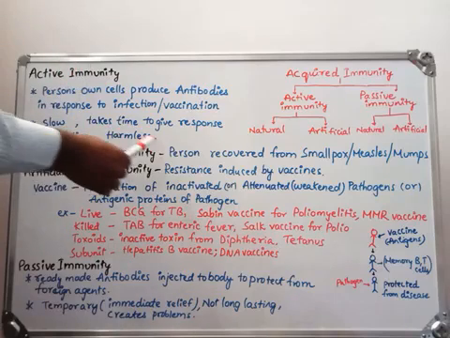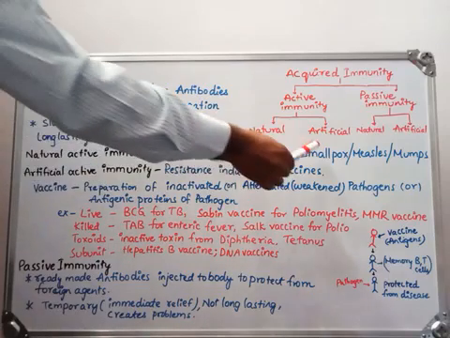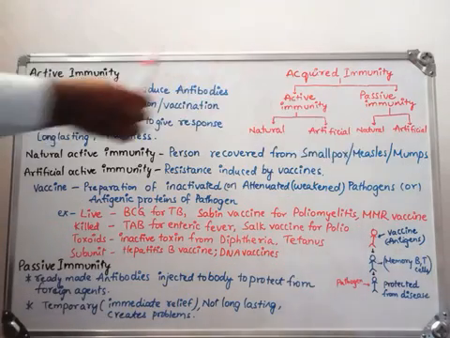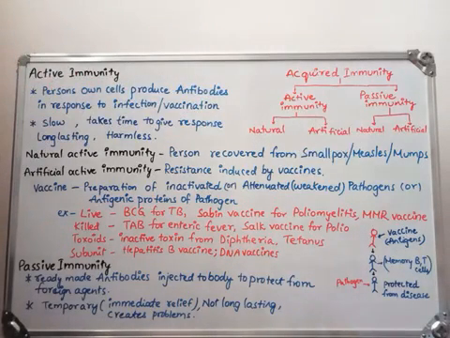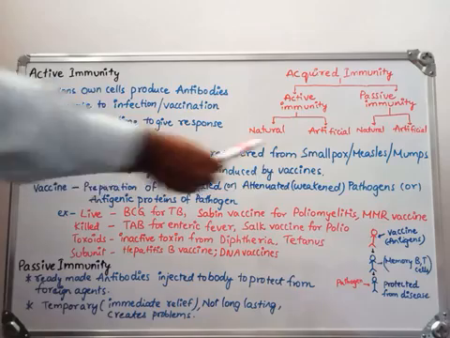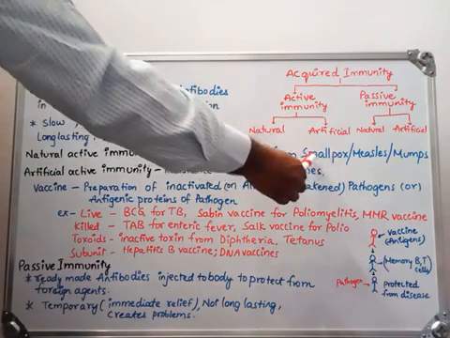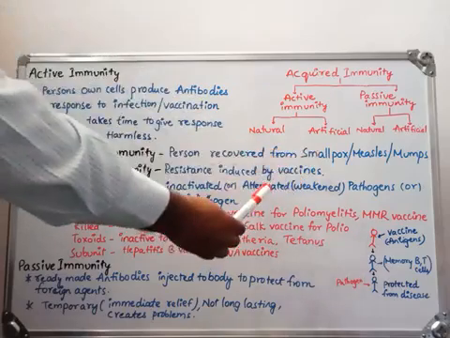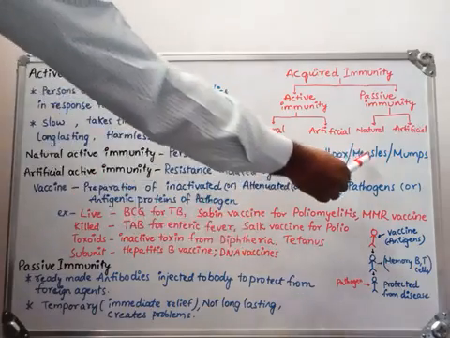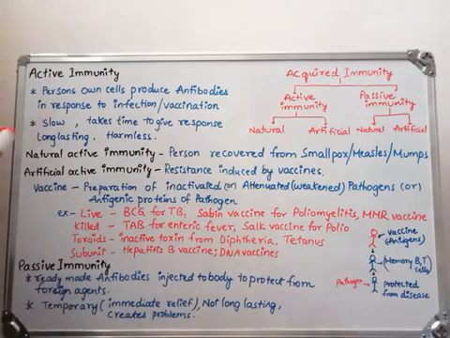Because the person already got the immunity against that infection. Even in our day-to-day cases, we may observe that once a person got smallpox, he won't get the same infection in his lifetime. So that is the smallpox, measles and mumps case. Such type of active immunity we call natural active immunity.